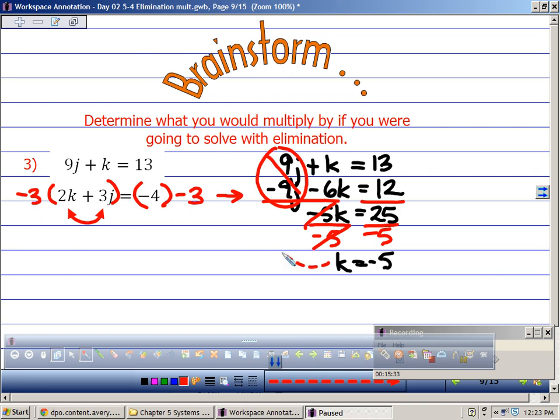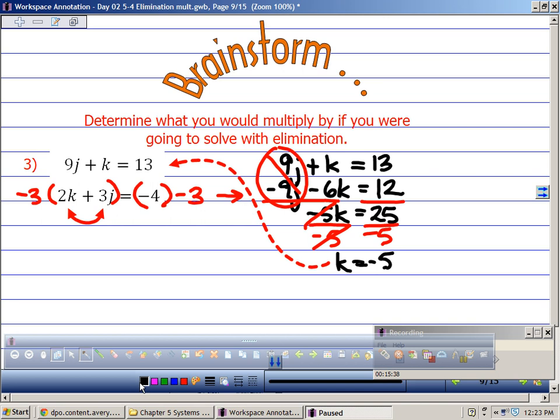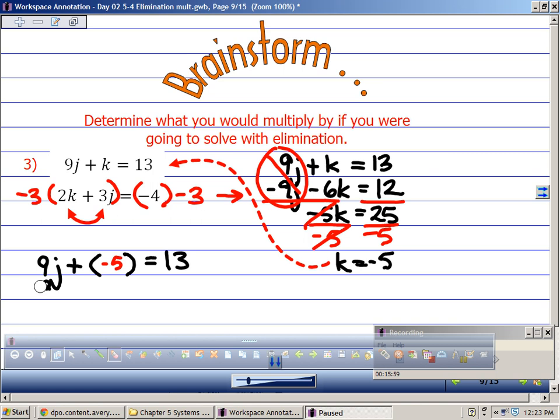Okay, so 9J plus K equals 13, and I know that my K is equal to -5. So 9J minus 5 equals 13. I add 5 to both sides.